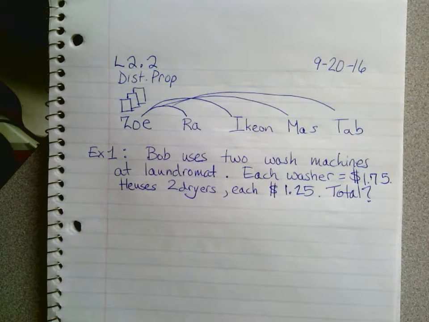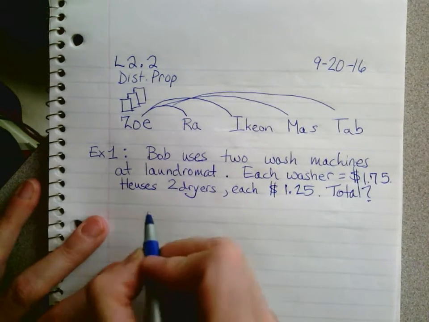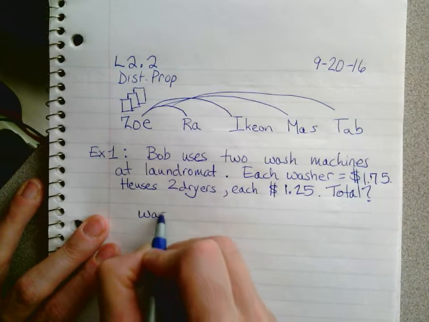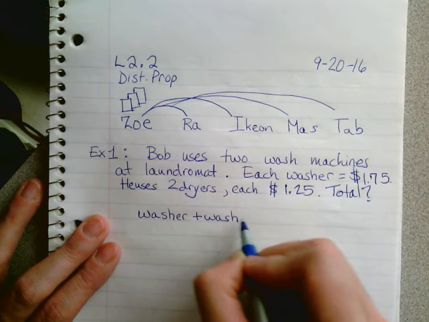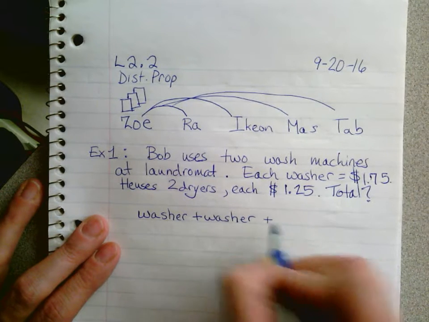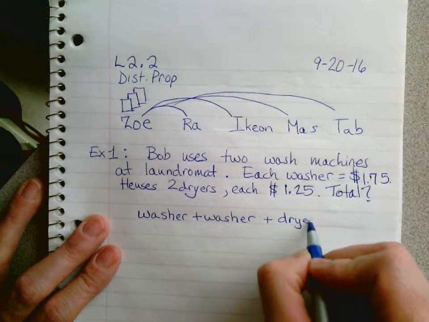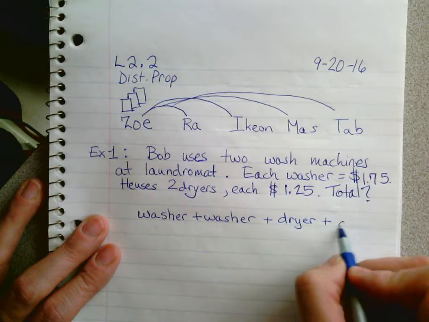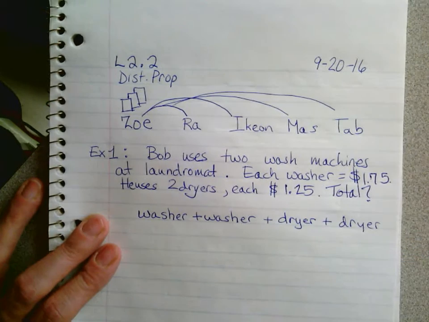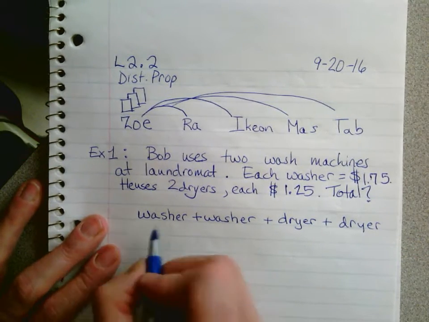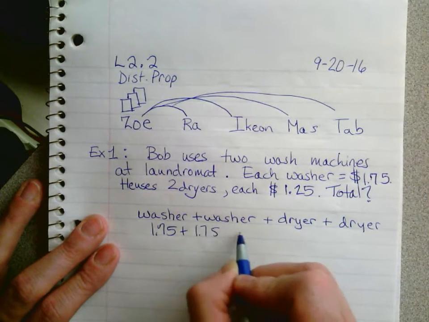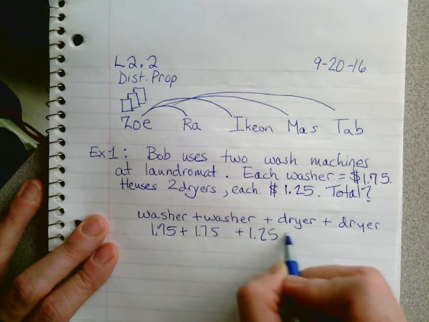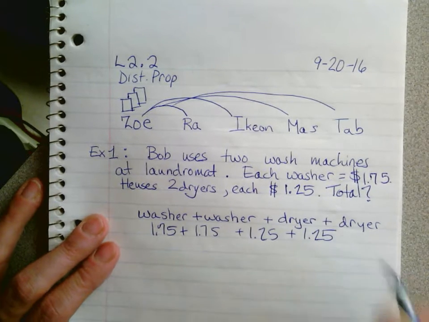So it sounds to me like he uses 2 washers and he uses 2 dryers, right? So you guys might say, well, that's $1.75 plus $1.75 plus $1.25 plus $1.25, right?